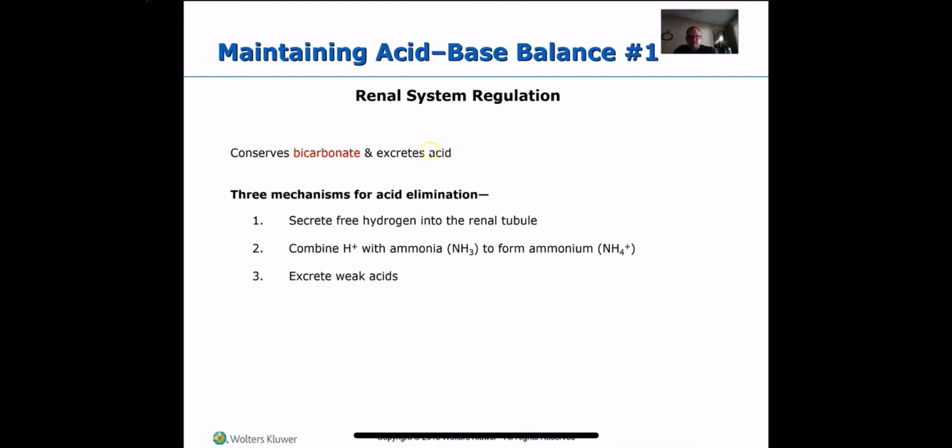Your renal system conserves bicarbonate and excretes acid. So that's how your metabolic side helps work it, right? There are 3 mechanisms for acid elimination. One is it secretes free hydrogen in the renal tubule, or it can combine hydrogen with ammonia to form ammonium and then excrete weak acids.